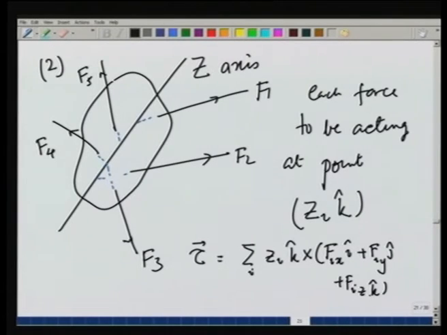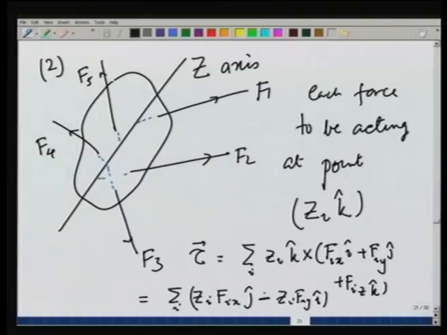And if I evaluate this, since k cross k is 0, this comes out to be summation z_i f_ix, k cross i is j, minus z_i f_iy, k cross j is i with a minus sign. So, the minus sign we have taken care of.